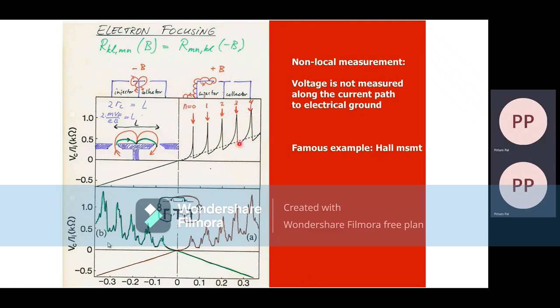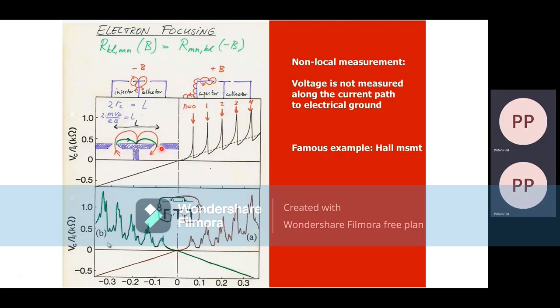In this experiment, they used two openings in a two-dimensional electron gas, called the injector and the detector. These are created by electrostatic gates, the shaded regions.